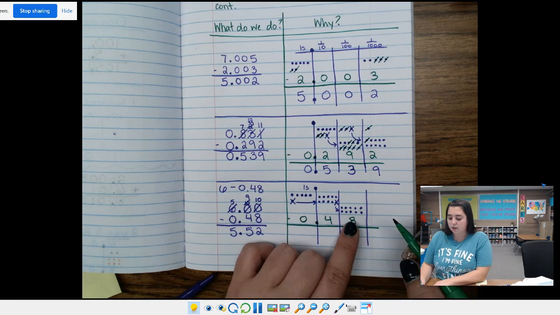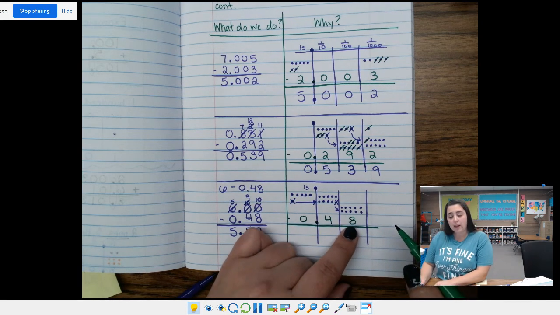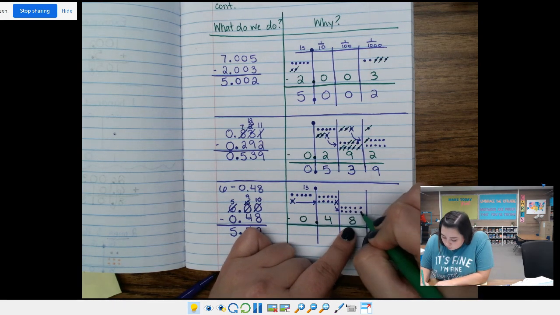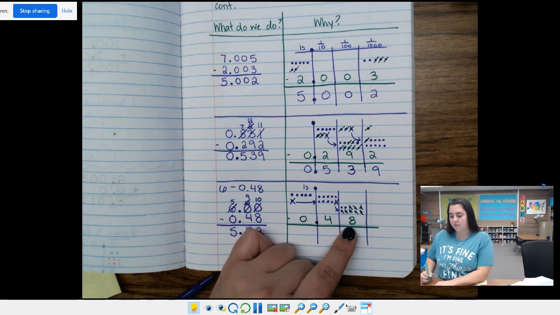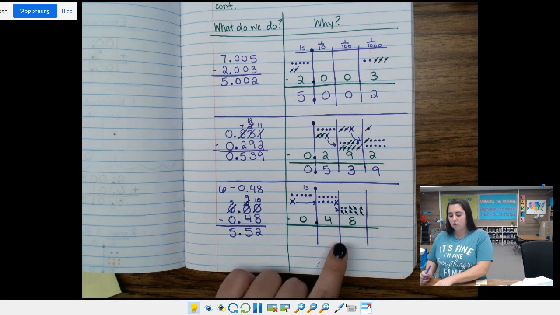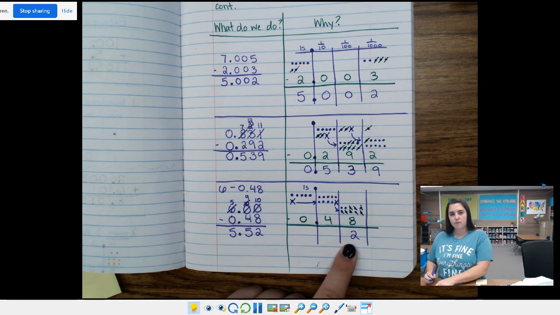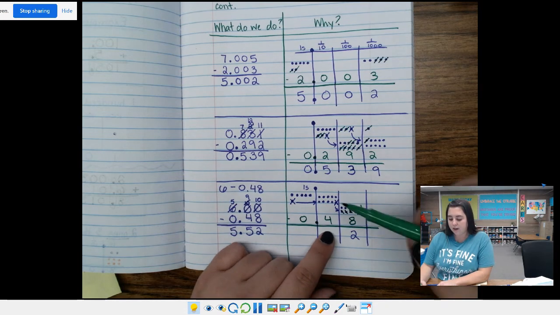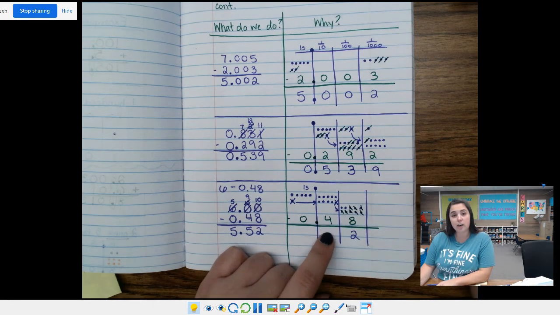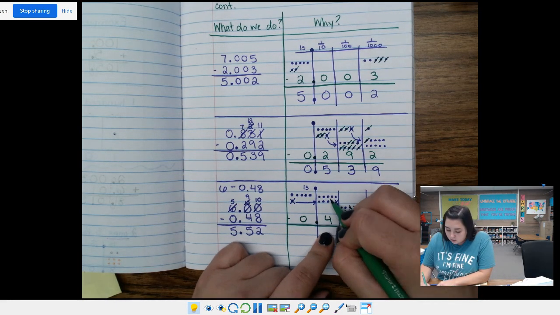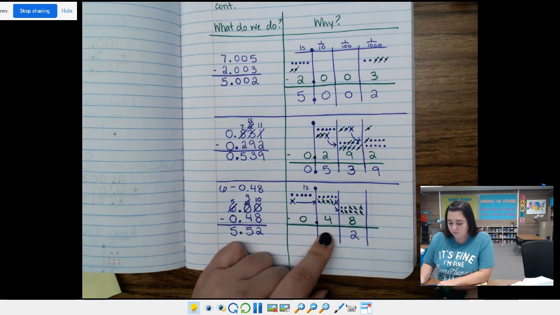Now I can subtract. So I have 10 pennies, taking away 8 pennies. 1, 2, 3, 4, 5, 6, 7, 8. That leaves me with 2 pennies. Now over here, I have 9 dimes. I need to take away 4 dimes. 1, 2, 3, 4.